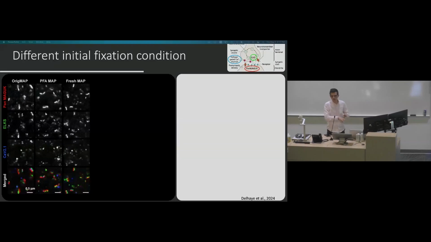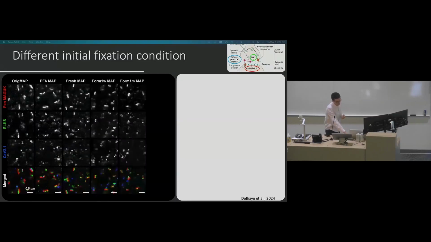We also tried to directly extract the brain and incubate it in this MAP fixative solution, which could reproduce the condition in which people would do IFs and then would just want to put their sample in the fixative solution and see if they could use expansion microscopy to do more in-depth analysis.